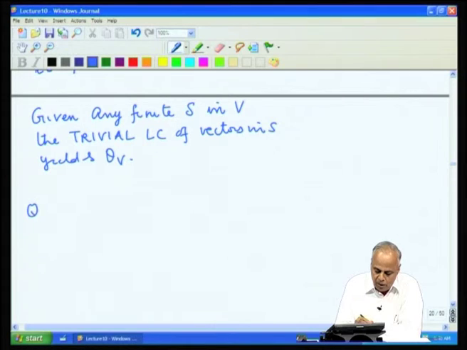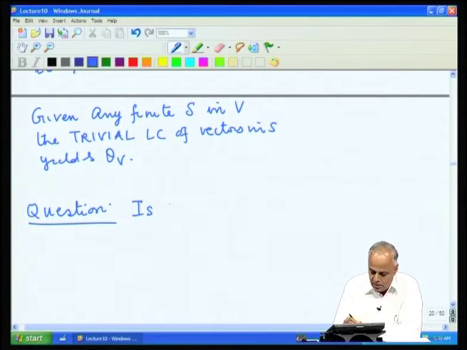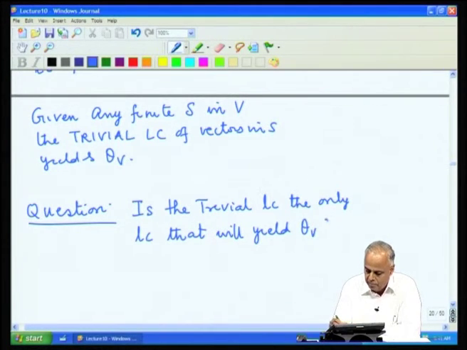This raises the following question: is the trivial linear combination the only linear combination that will yield the 0 vector theta V?